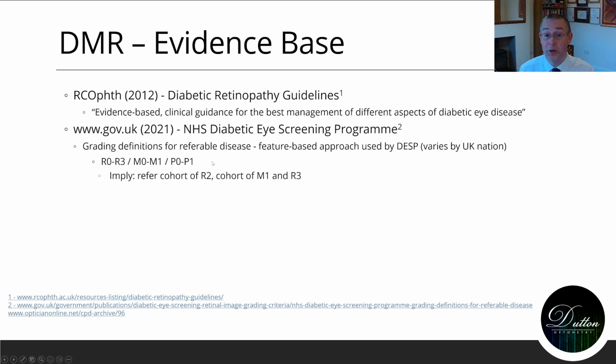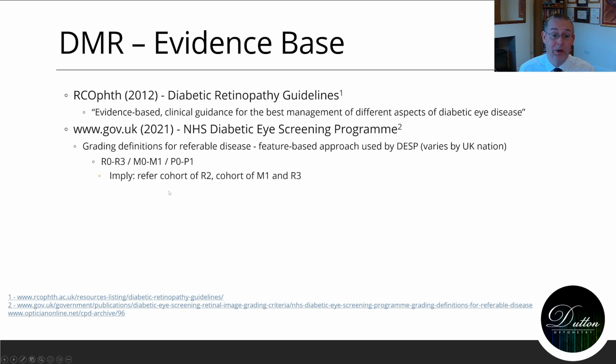But this is a really good one to have a look at, and very pertinently they also highlight which of these various gradings they would refer on to secondary care. So remember, this is coming from the Diabetic Eye Screening Programme. So I think that a lot of that can be applied to the patients that we see in practice.